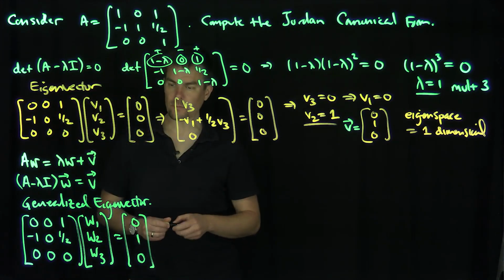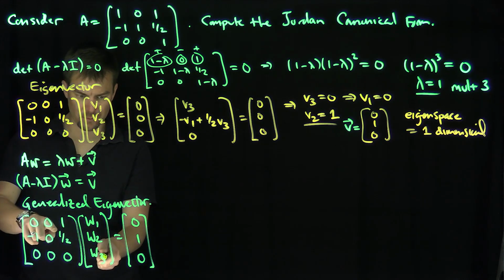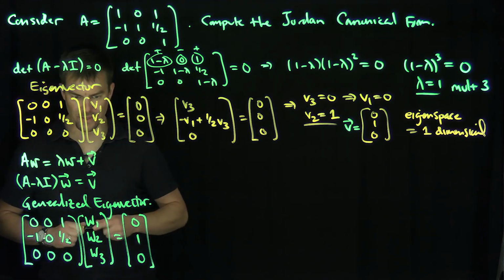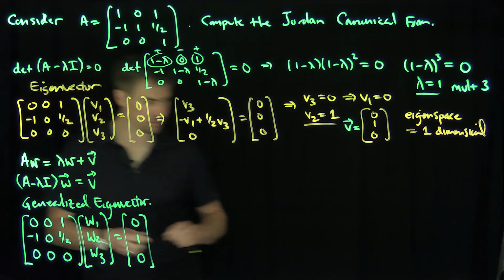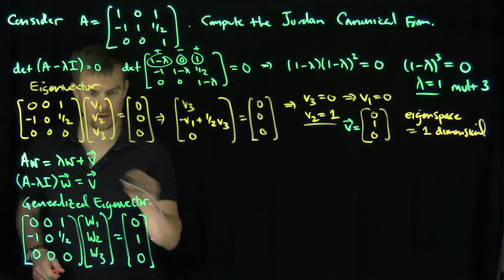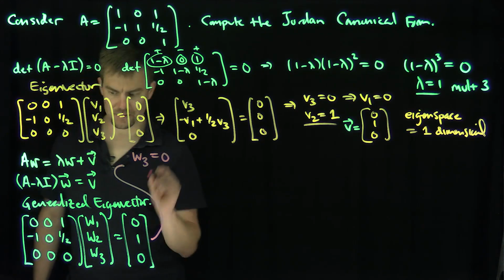Okay, good. What does this tell me now? This tells me that W3 is equal to 0, right? Good. And what do my equations tell me? The first equation tells me that W3 is equal to 0.